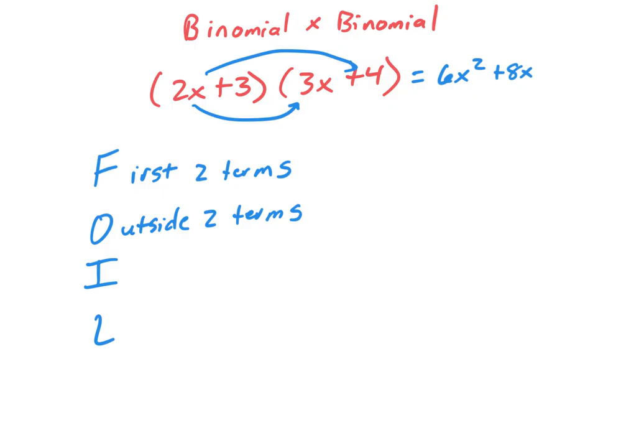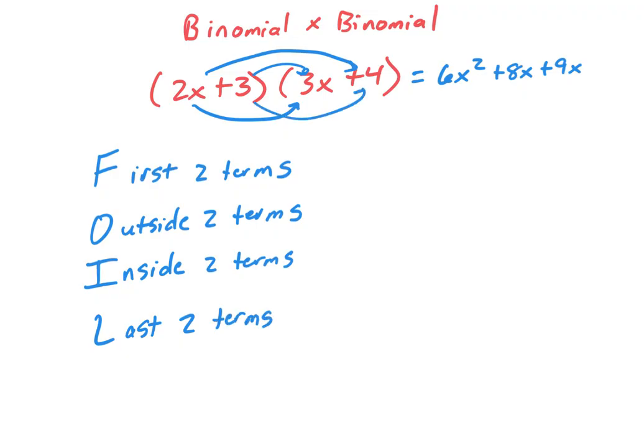The I stands for the inside two terms. 3 times 3x would be 9x. And then the L stands for the last two terms, which would be 3 times 4, which is 12.